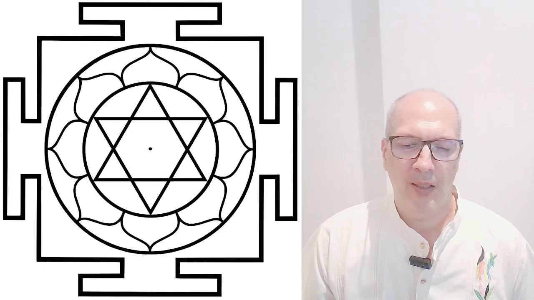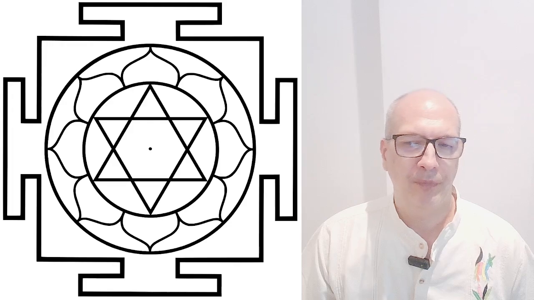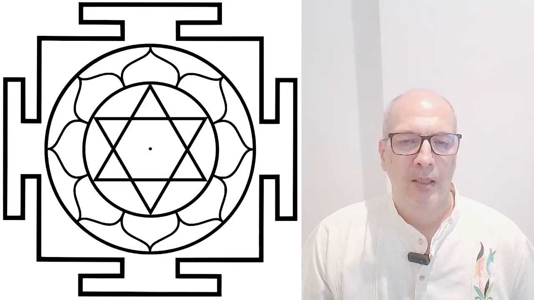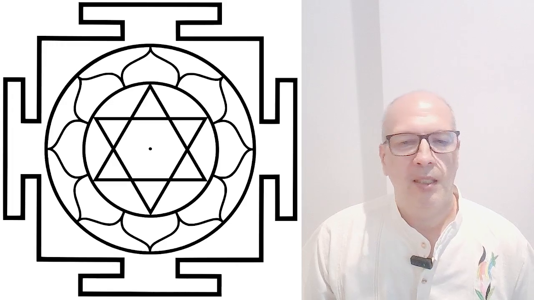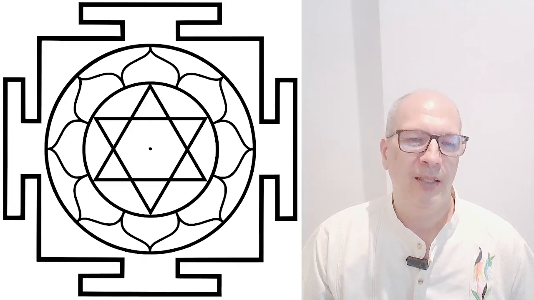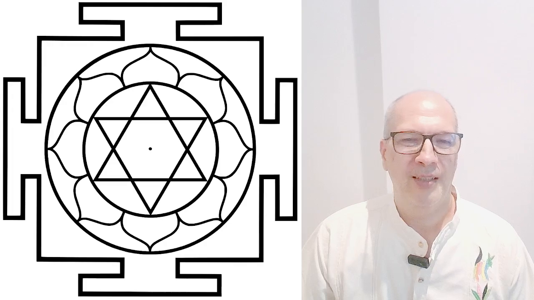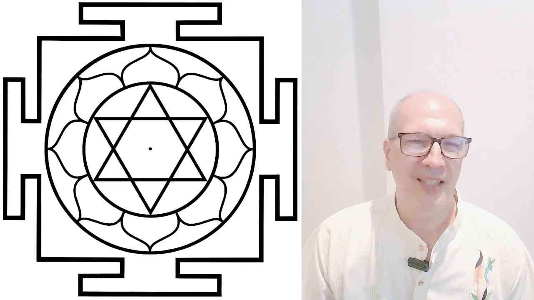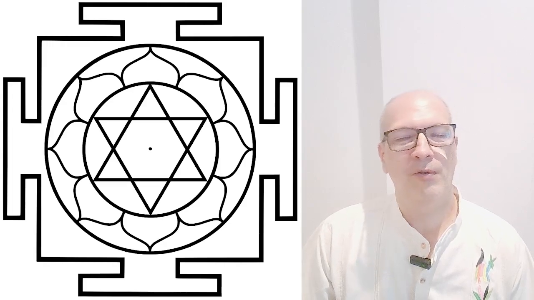And they are antahkarana in Sanskrit, which means the internal instrument. The 3 are manas, the lower mind, buddhi, the higher mind, and ahamkara, which means again the instrument of the I, of the self, of Atman.